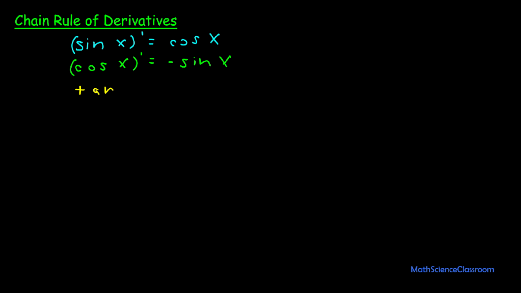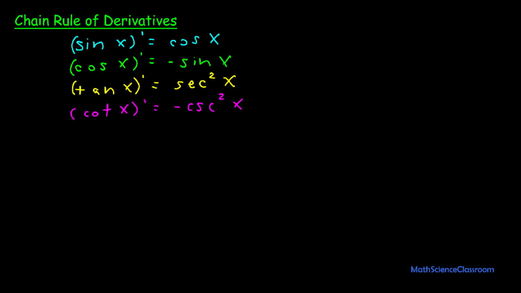The derivative of tan x, or tangent x, equals secant squared x. The derivative of cotangent x equals negative cosecant squared x.